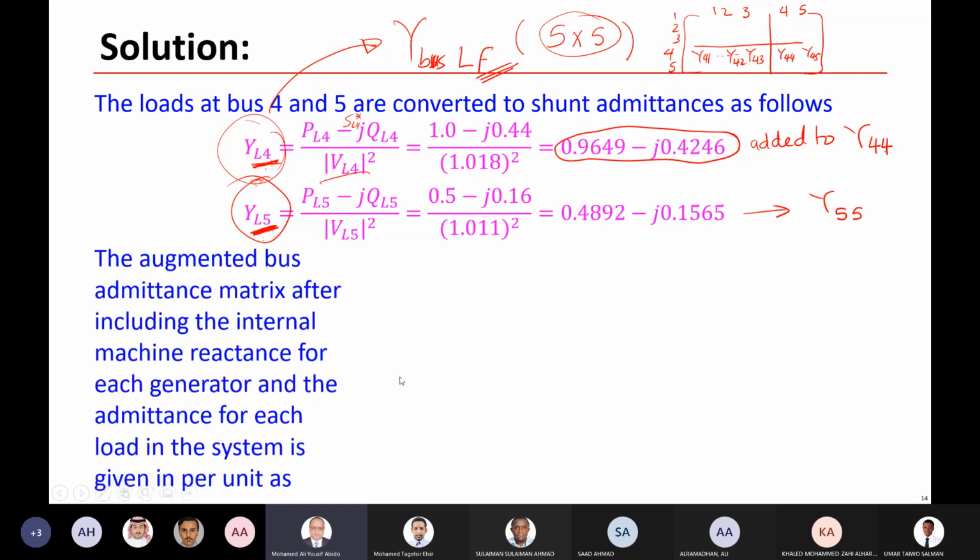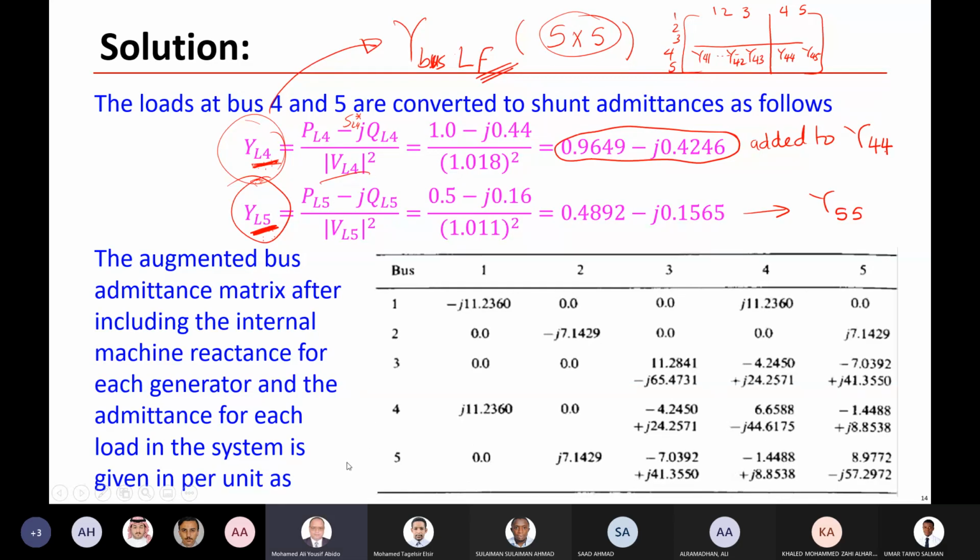So next step is the augmented bus admittance matrix after including the internal machine reactance for each generator and the admittance for each load, and the system is given in per unit as.